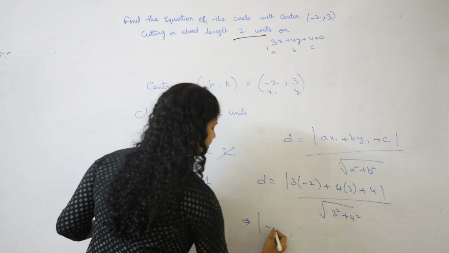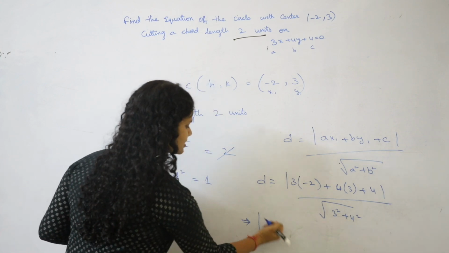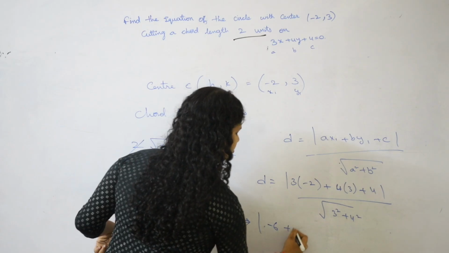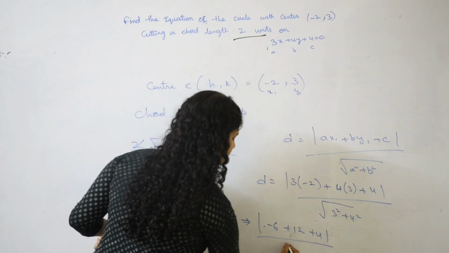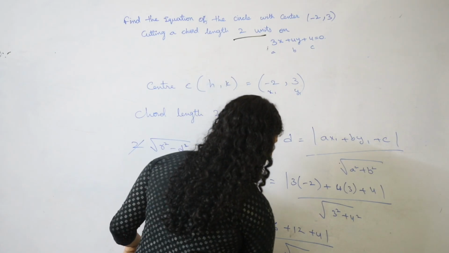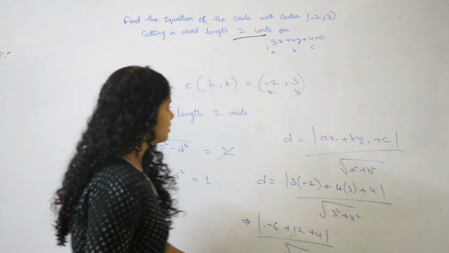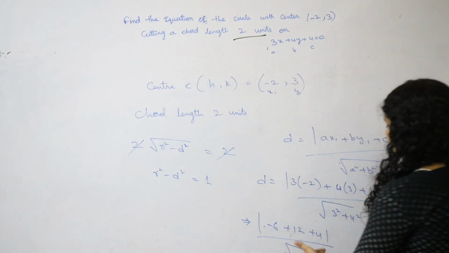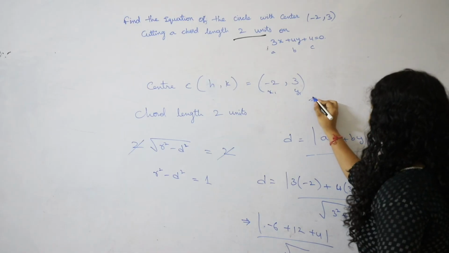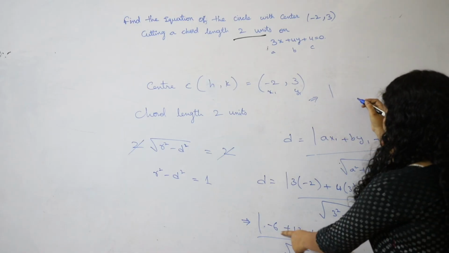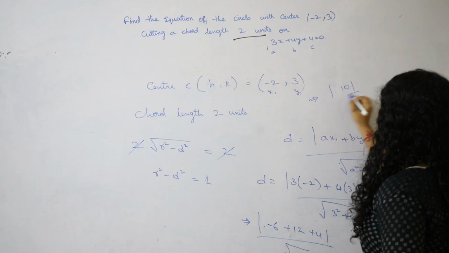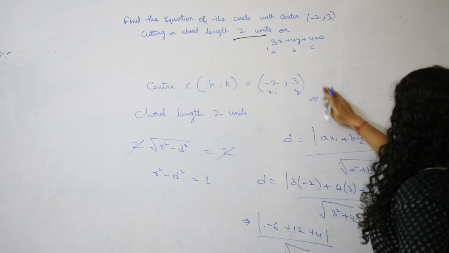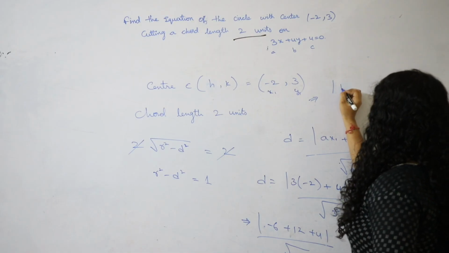3 times -2 is -6, right? So -6 plus 12 plus 4, whole divided by 9 plus 16, which is 25, root 25. Clear? Now solve this: the modulus of this is 6 plus 4, which is 10, divided by root 25.